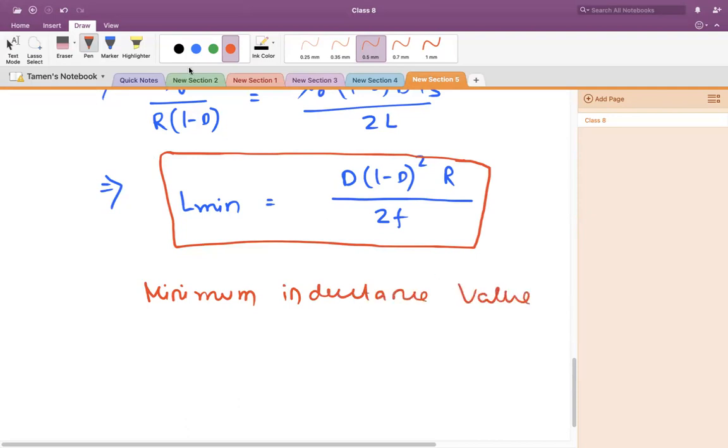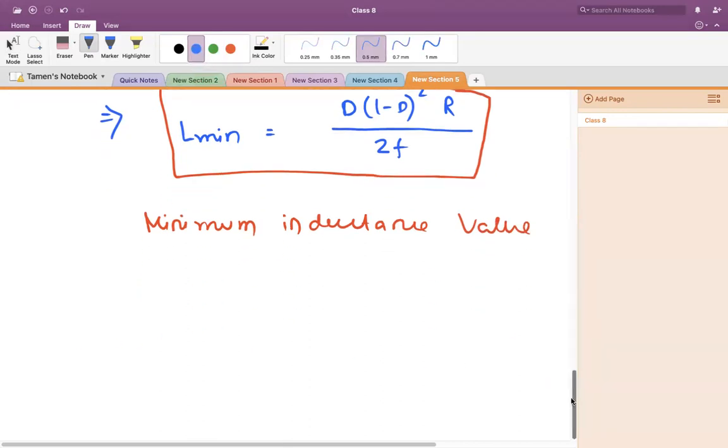Now we need it for buck-boost. The same we will follow. What is I minimum?